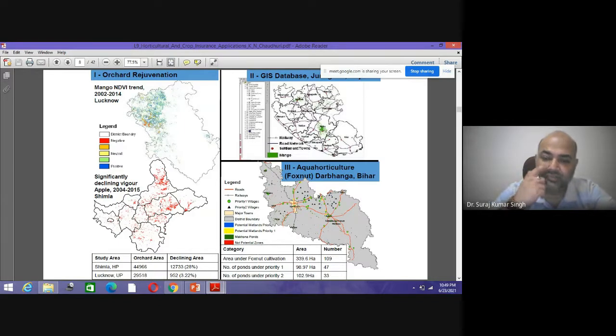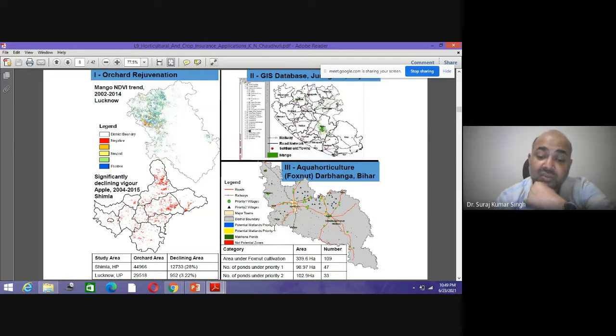So using these satellite images with GIS, GPS, spatial data, non-spatial data, we can create the different district boundaries. We can create the different village locations which are associated in those areas. Then which are the villages which are in the priority zone, which are the areas which are under the non-priority zone.